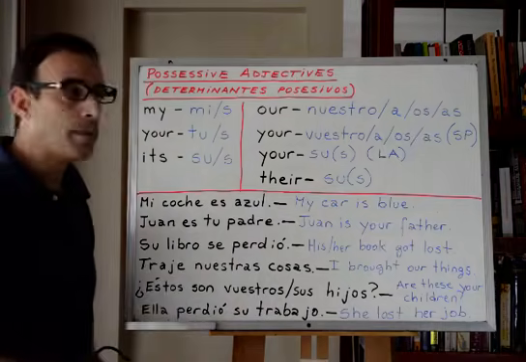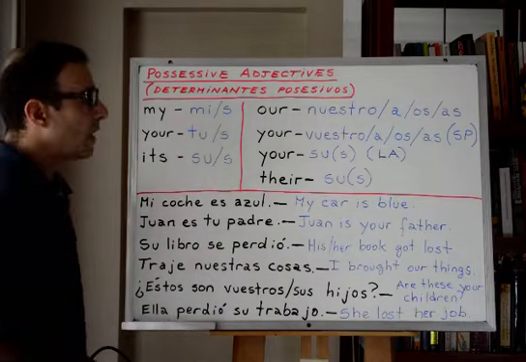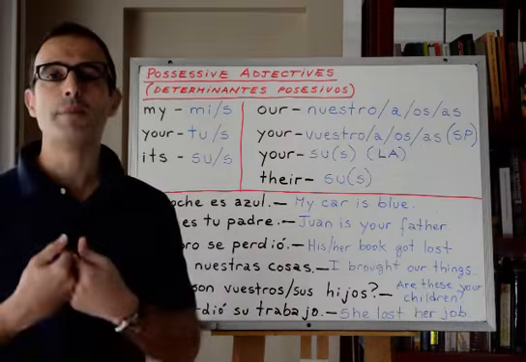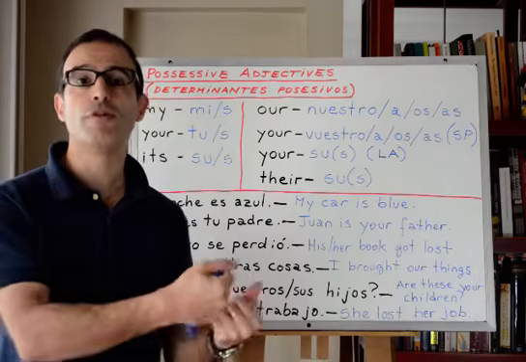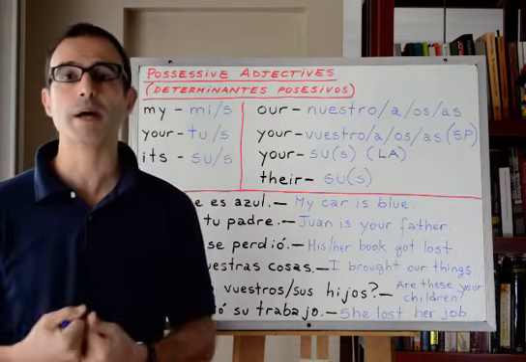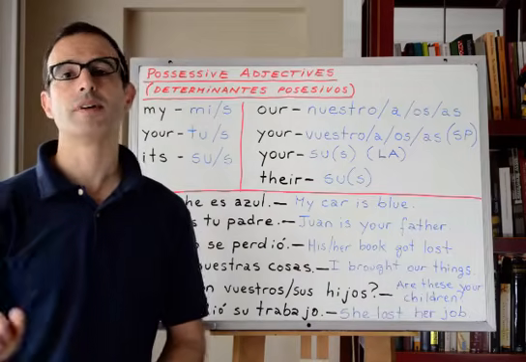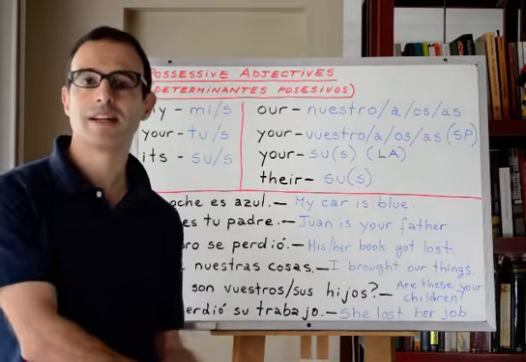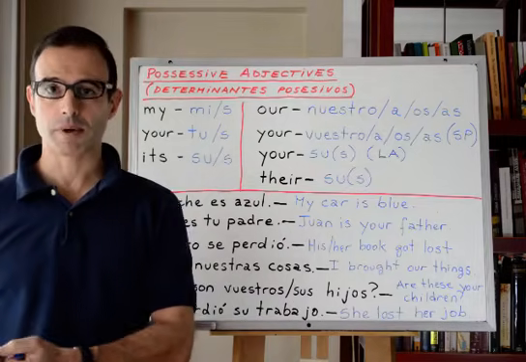So let me give you an example before we start reading these. If I say, this is my book, my is an adjective because it goes before the noun book, my book. Now, if I say, this book is mine, or this one is mine, mine is a possessive pronoun, okay?